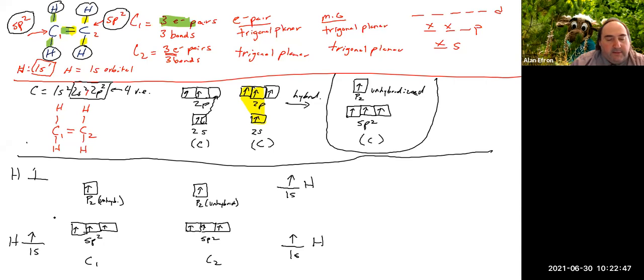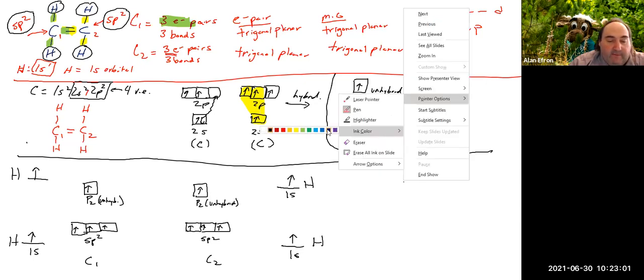Okay. So again, this is just to sort of illustrate to you where all of our bonds are going to come from and where everything ends up. So let's start making some of these bonds and see if we could account for all the electrons that we see.